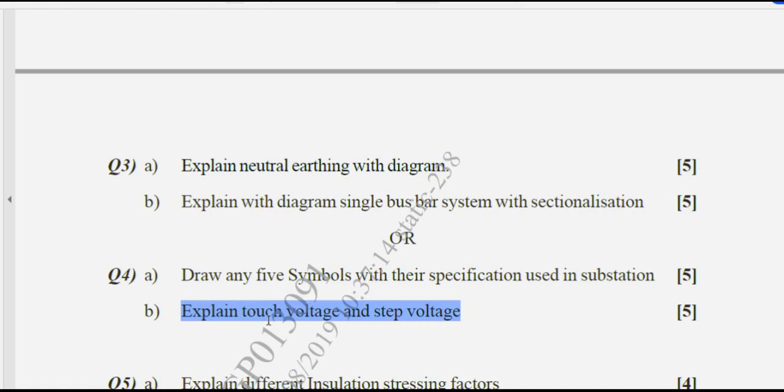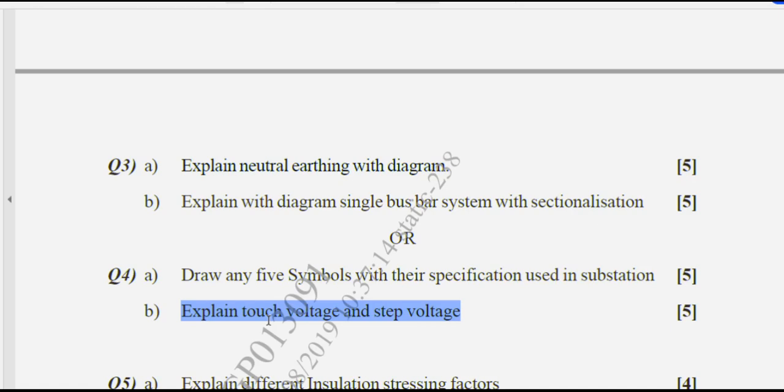Due to the cutting of that cable, current is transmitted from that conductor to the blade, from the blade to the arm of the JCB, and from the arm to the body of the JCB. If a person near that JCB touches the JCB body, then a voltage difference occurs and that person will get a shock. That is called the touch voltage.